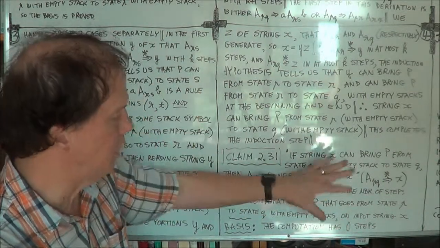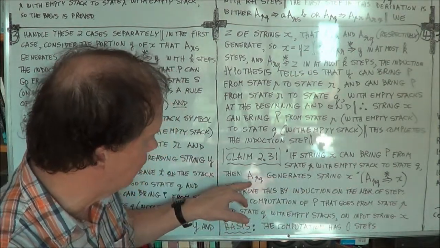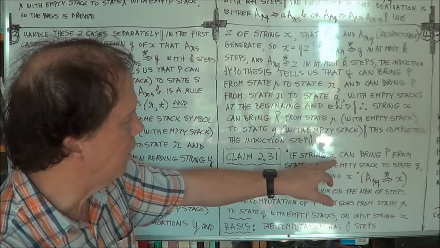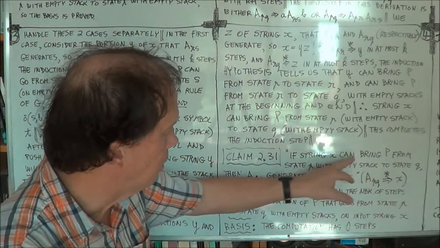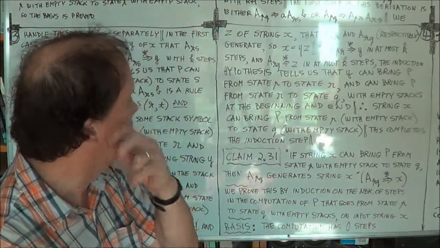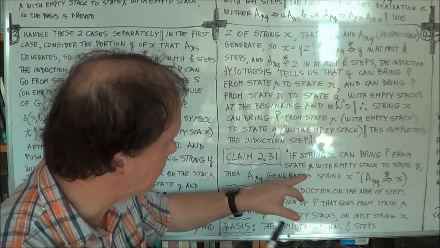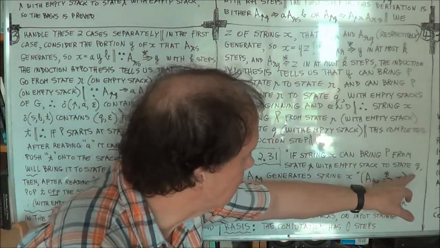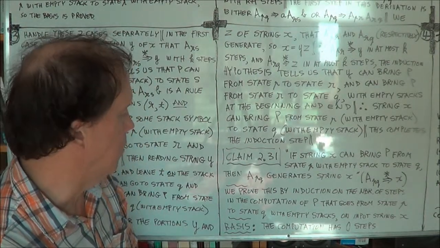Before, we did the other way; we started with the variable generating the string. But now we're starting with the PDA. That's a given. It starts in state little p with empty stack and goes to state little q with empty stack.